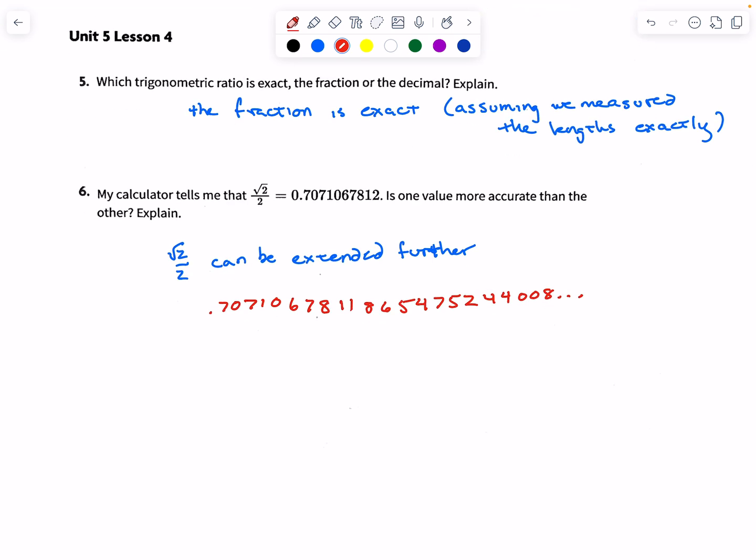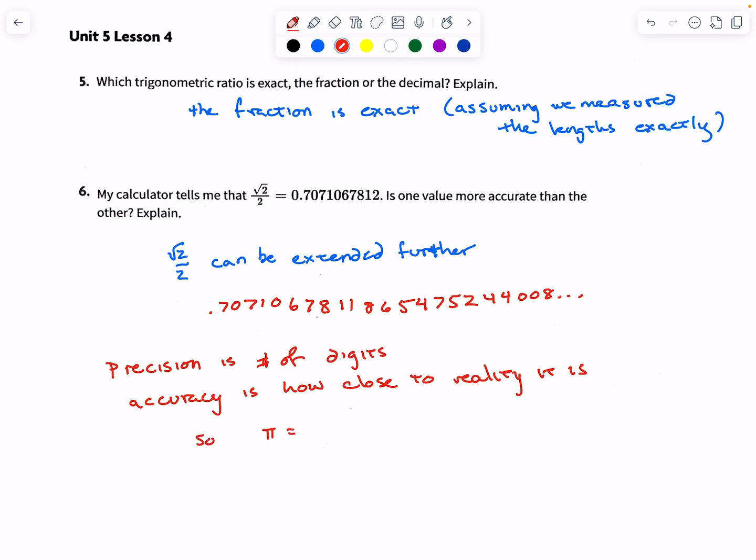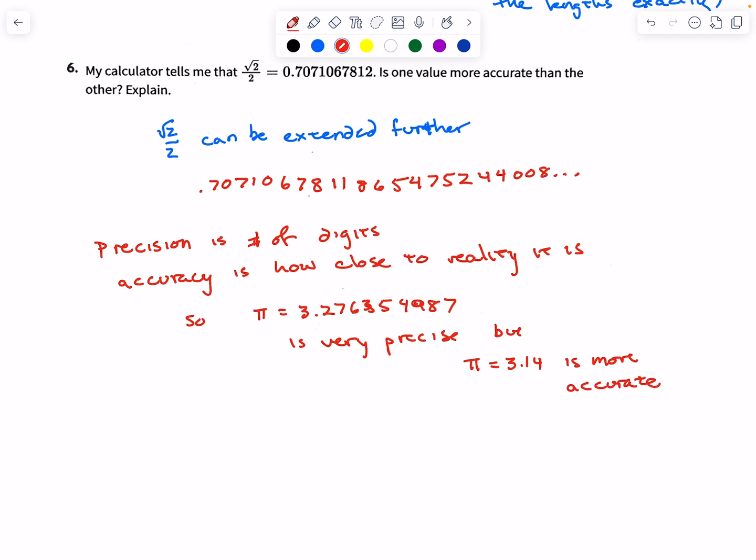Okay, so precision is number of digits. Just a note. Precision versus accuracy.